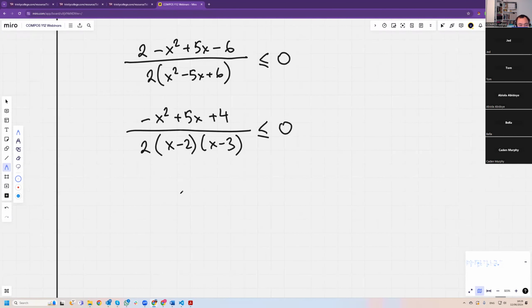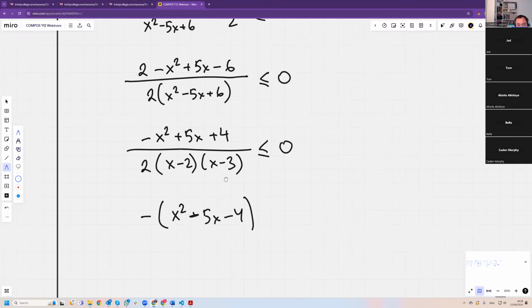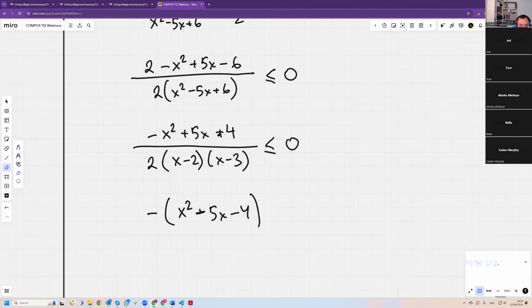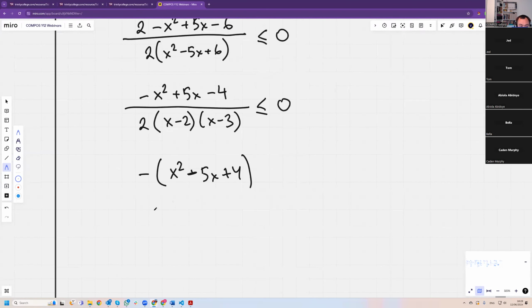Can I factorize this? I can. I can take minus out. It's going to be x squared minus 5x minus 4. Is that factorized? That doesn't make any sense. It's not plus 4, it's minus 4. So here it's going to be plus 4. Okay, that makes more sense.